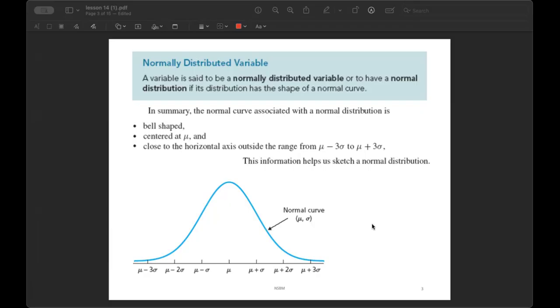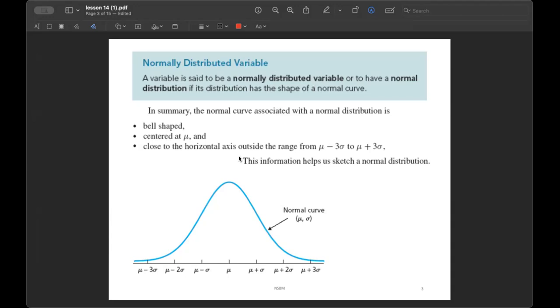A variable is said to be normally distributed, or to have a normal distribution, if its distribution has the shape of a normal curve, which we also call the bell-shaped curve. This is the bell-shaped curve. So in summary, the normal curve associated with a normal distribution should be bell-shaped.